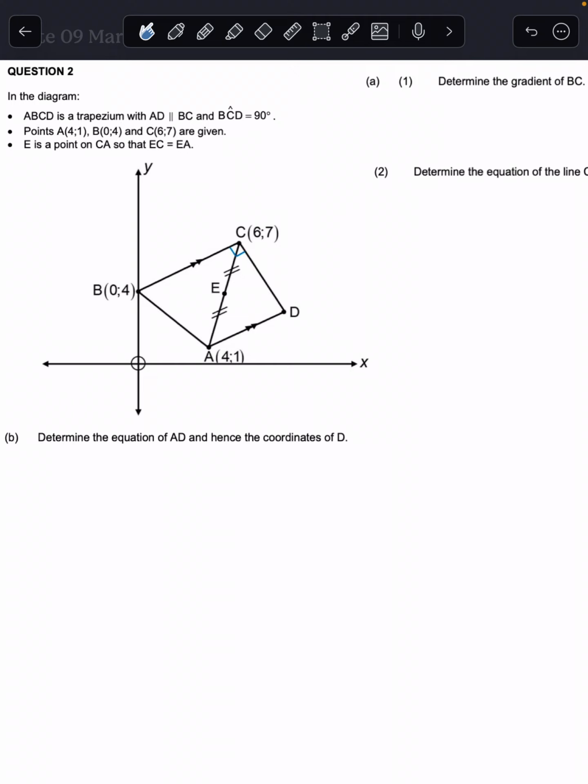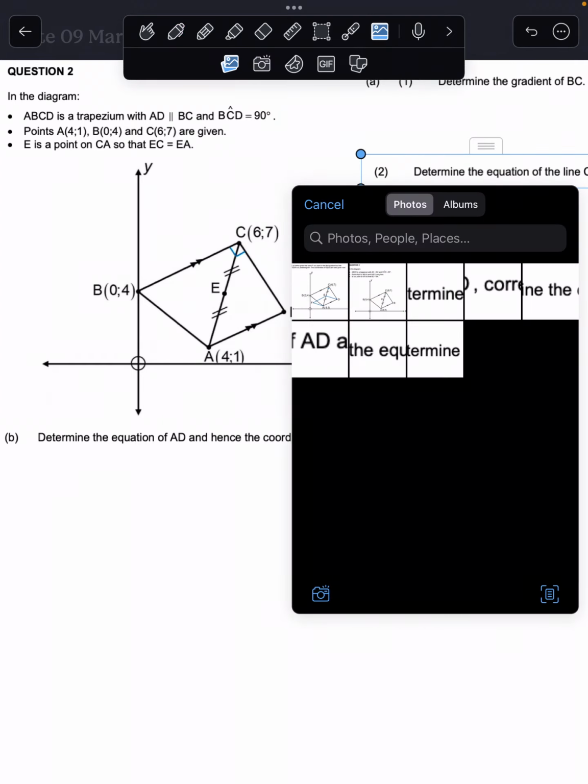Okay, so that's very straightforward, right? That's kind of grade 9, grade 10. Given 2 points on a line, to work out the gradient, you just use the gradient formula. Let me just move this down so that I feel less pressure.